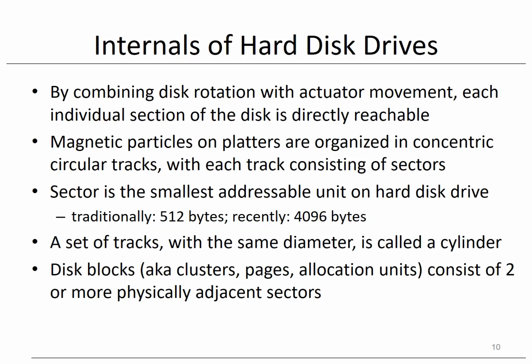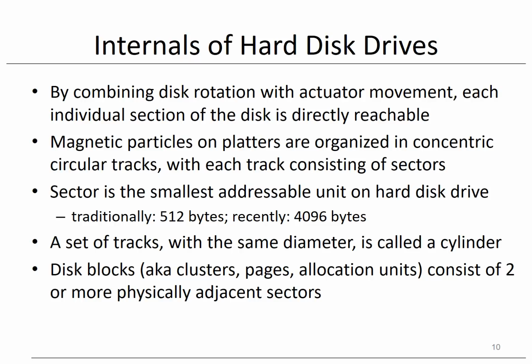Also, for reasons of efficiency, it often occurs that the operating system or the HDD itself doesn't directly address individual sectors, but rather addresses so-called disk blocks, also known as clusters, pages, or allocation units, which consist of two or more physically adjacent sectors.